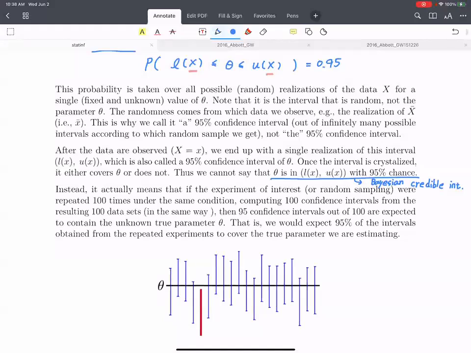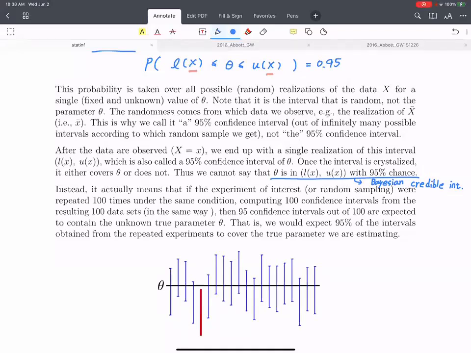The interpretation is that 95% of those intervals, in this case 95 out of 100 confidence intervals, are expected to contain the parameter.